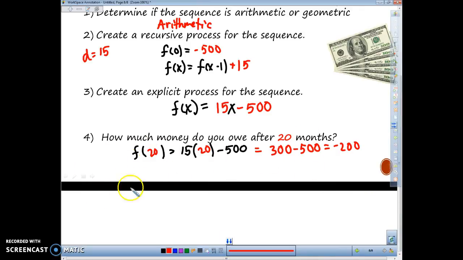So we would say, after 20 months, I would owe $200. Okay, on these ones, you want to make sure that you always answer in a complete sentence.